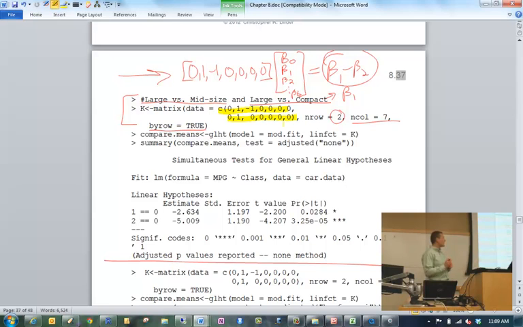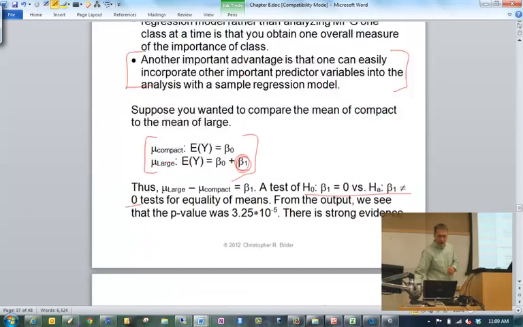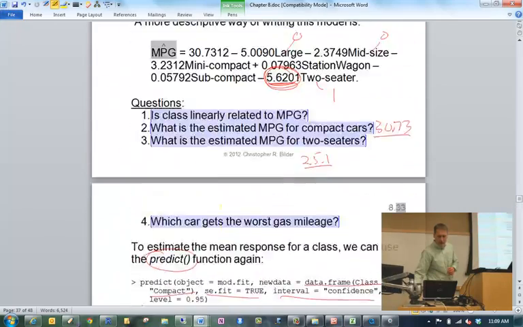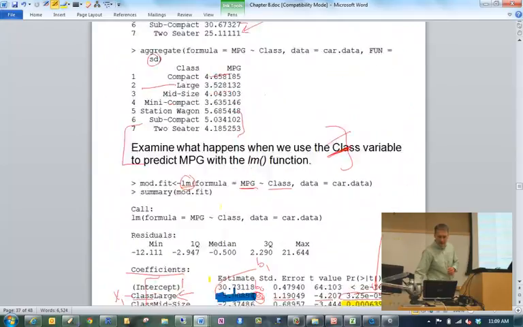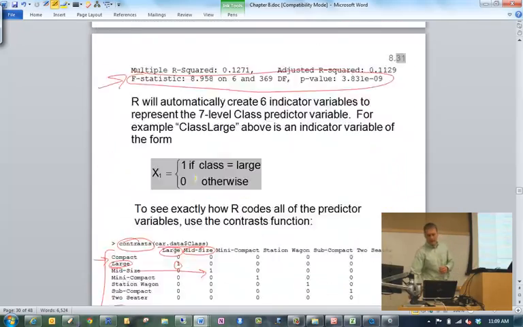So notice it's just going to give you beta 2, and you apply that vector part of the matrix to the beta vector. And we get the same results as before. Notice this negative 0.5009. That's the same estimate as we saw previously, as we saw right here. Okay?